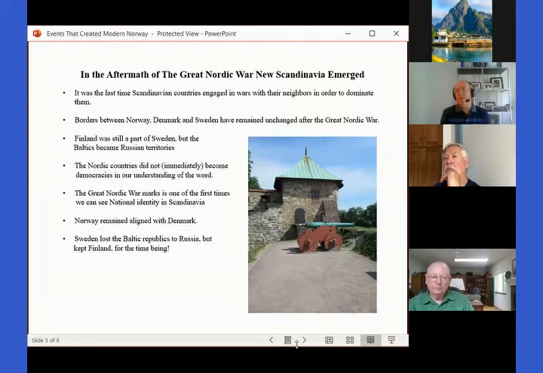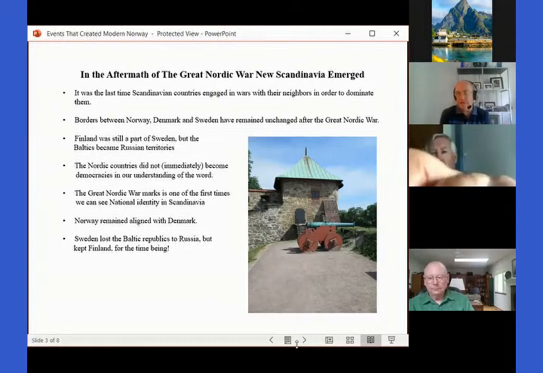The Great Nordic War was a watershed, and it was also a realization in the government, which at that time was the king, his ministers, and the rich and wealthy, the noblemen, the aristocracy, the big landowners, that the Scandinavian countries were small countries. We couldn't wage war on a continental scale.